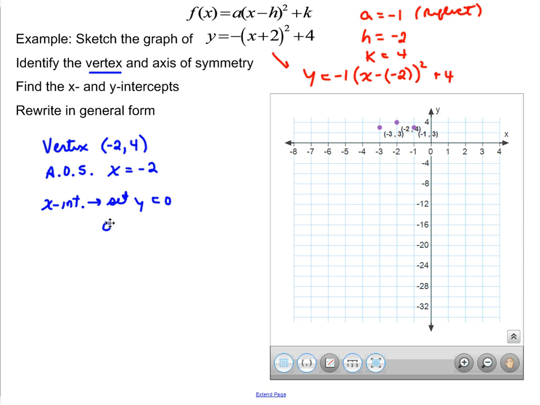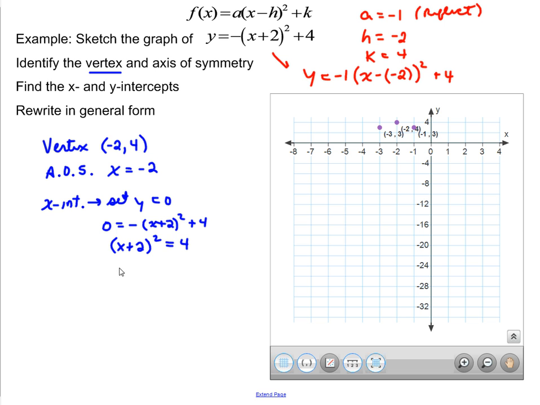If we set 0 equal to the negative of the quantity x plus 2 squared plus 4, then we can add the quantity x plus 2 squared to both sides to get x plus 2 squared equals positive 4.